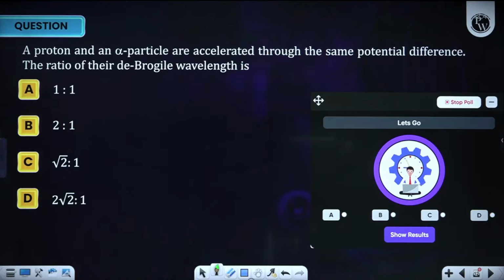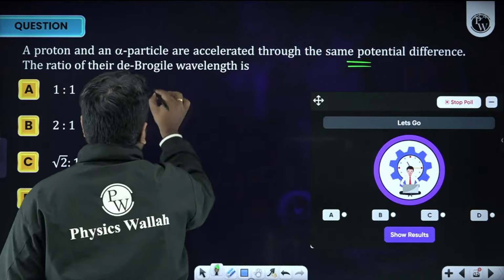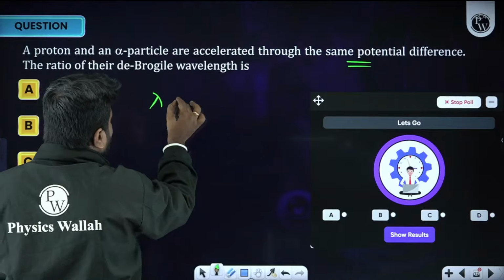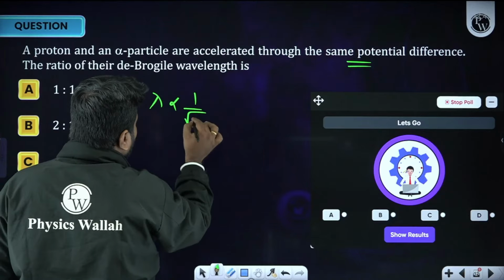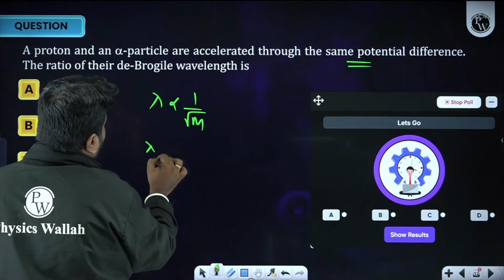Same potential difference. For the same potential difference, what exactly can we write? De Broglie wavelength is inversely proportional to root of m. Now they are asking the ratio of proton and then alpha particle.